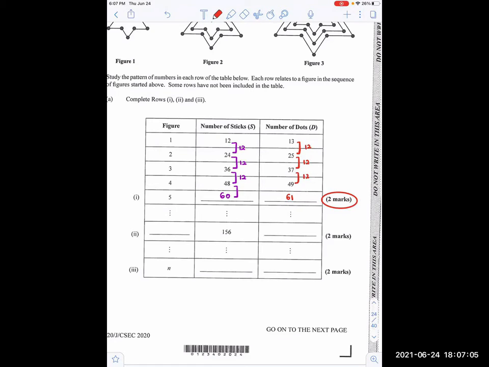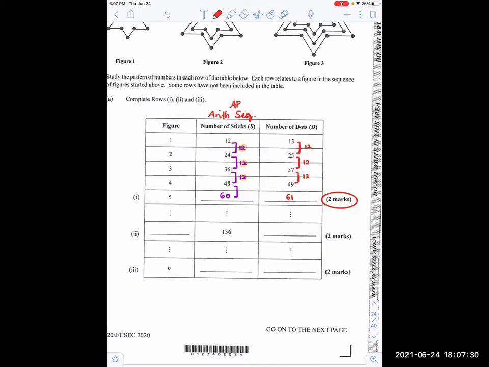So I have a formula. As long as, and listen to me carefully, as long as there is a constant amount that we are adding between the terms, it is called an arithmetic sequence or series, or what we call an AP.